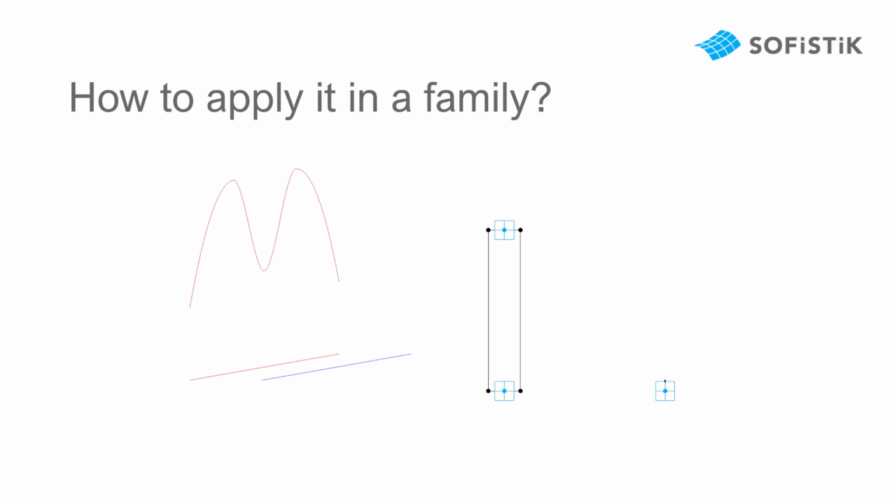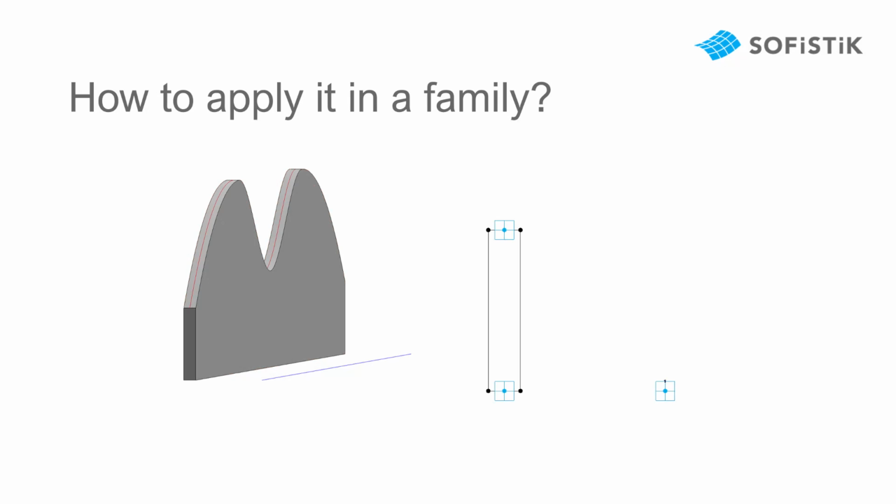In our project with our main axis, the blue one, and our two secondary axes, this family will then be placed by the SOFiSTiK Bridge and Infrastructure Modeler in reference to the stationing. So here you can see the rectangle as it's going to be placed, and then it can, in this case as a superstructure, be swept along the varying secondary axis to create a volumetric geometry in your project.